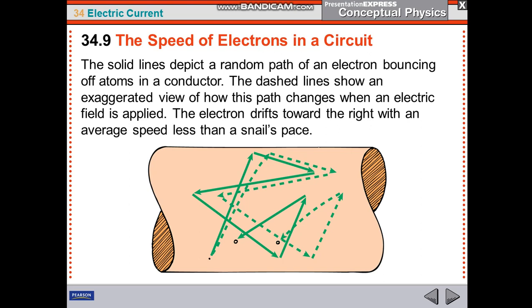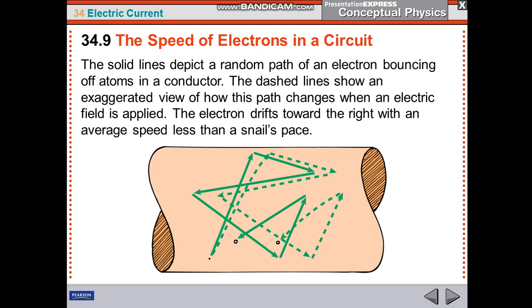Now look at the figure here. In this figure, you can see the solid line and dashed line. The solid lines depict a random path of an electron bouncing off atoms in a conductor. The dashed lines show an exaggerated view of how this path changes when an electric field is applied. The electron drifts toward the right with an average speed less than a snail's pace.